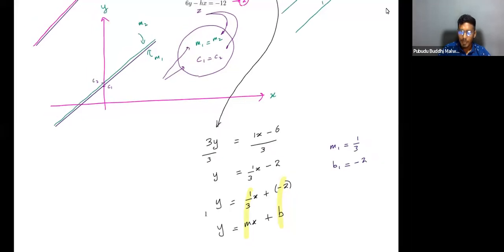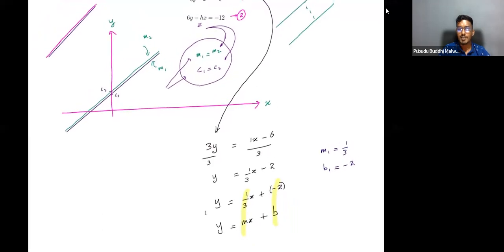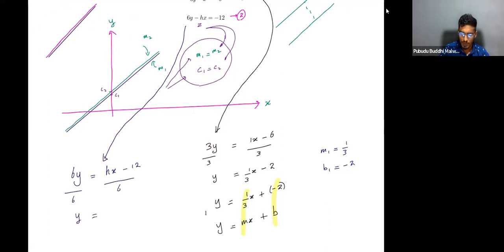And why don't you apply the same concept for the second line to get M2 and C2. Don't worry about H. H is just a constant, right? Divide both terms separately by 6, minus 2.